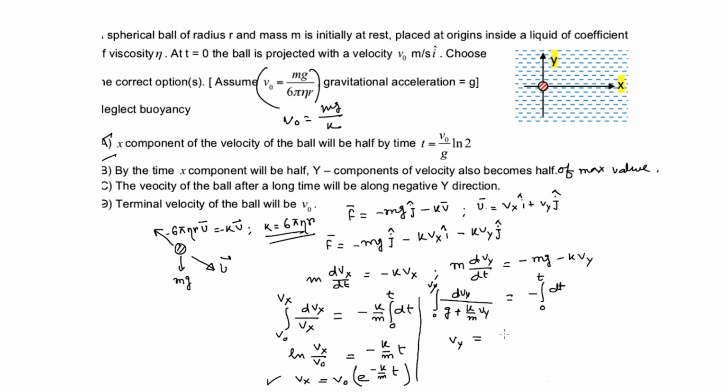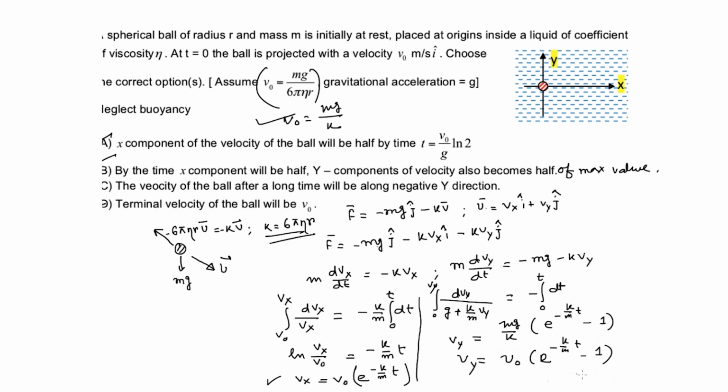Vy is equal to mg by k into e power minus k by m t minus 1. Again, mg by k is equal to v naught, so vy is equal to v naught into e power minus k by m t minus 1.